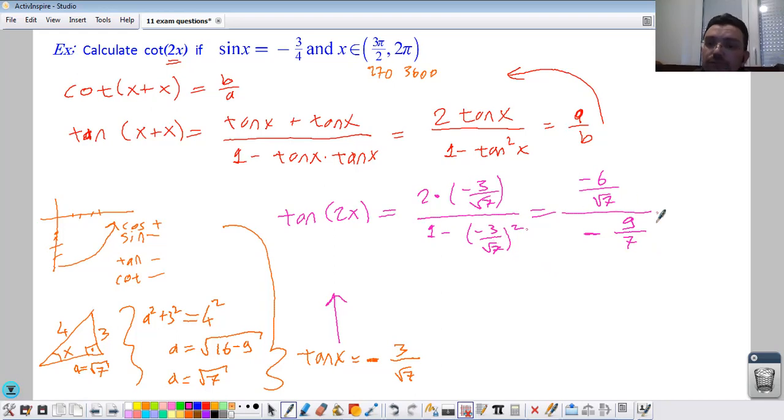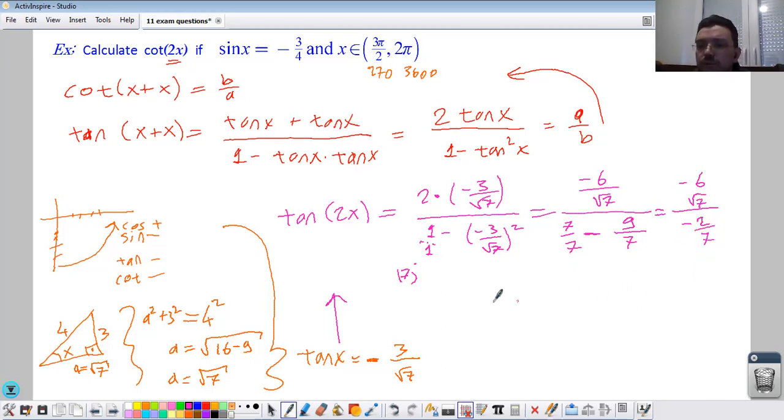So I can see that the next step will be 9 over 7. I arrange the number 1 as 1 over 1 and multiply by 7, so it turns into 7 over 7. If you do the subtraction here, that will be minus 6 over square root 7 on top, and 7 minus 9 makes minus 2 over 7.